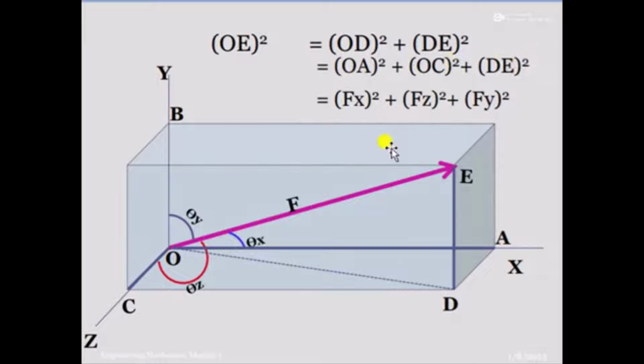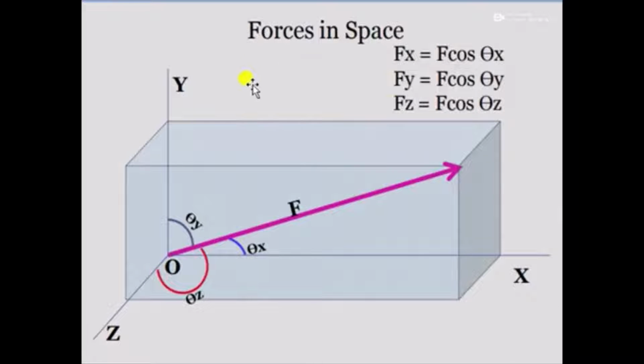And with the same logic, we can come to the conclusion that OE, that is F square, is equal to Fx square, that is the x-axis component of this force. The y-axis component is Fy and z-axis component is Fz. And going to the previous diagram again, they are split here in terms of theta as F cos theta x, F cos theta y and F cos theta z.